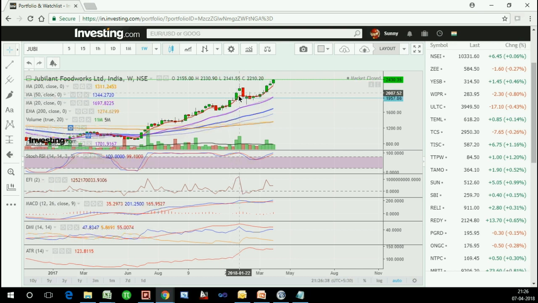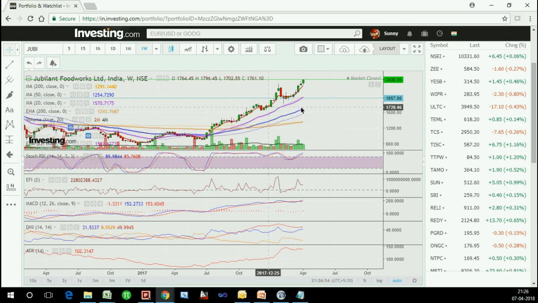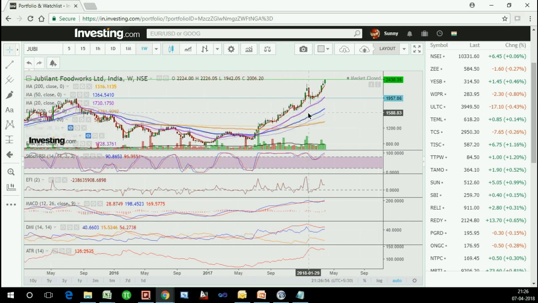but then the resistance was broken. Whenever there is a break of the resistance, it will be a big candle with good volume. If it is not, it is a false breakout. It's a good way of understanding where false breakouts occur, and they're the most profitable trades. All right, so this is it.